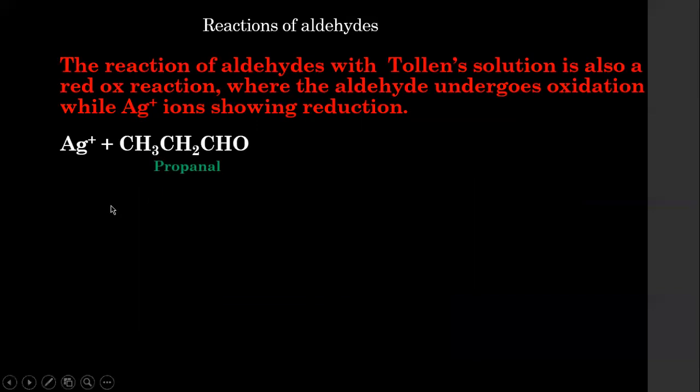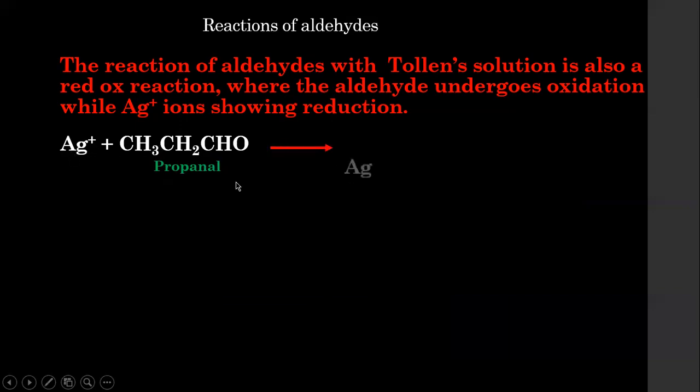You can see here, silver ions, colorless, react with propanal. If propanal is going to undergo oxidation, what sort of compound will be produced? Propanal will produce propanoic acid, and silver will undergo reduction.